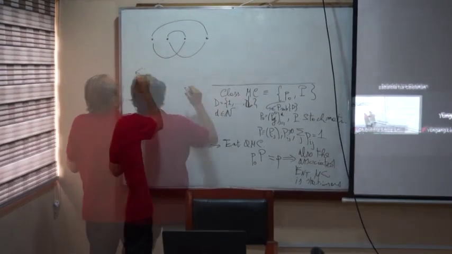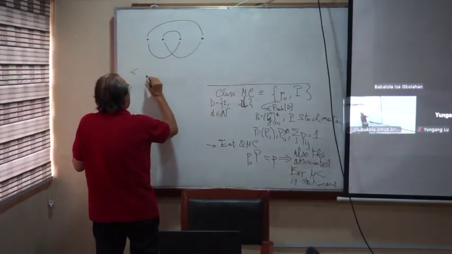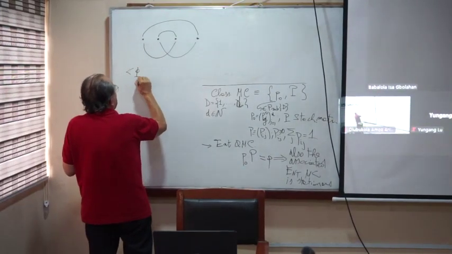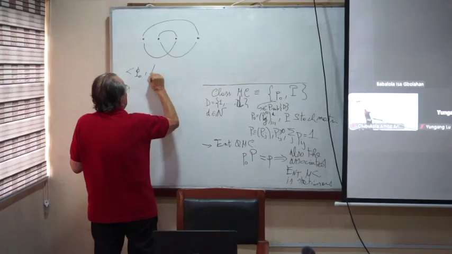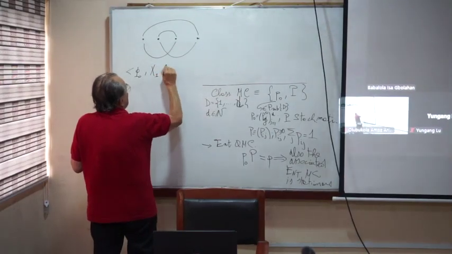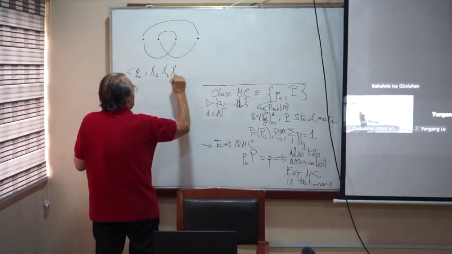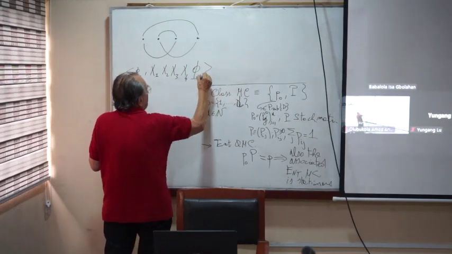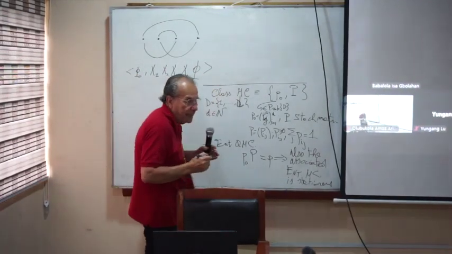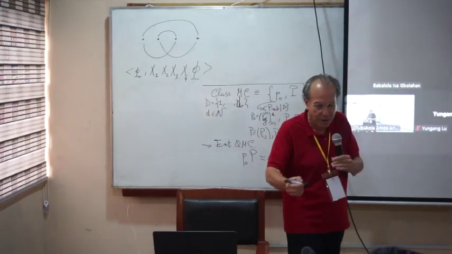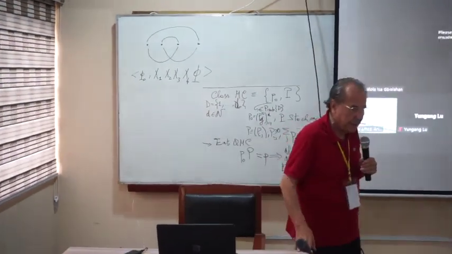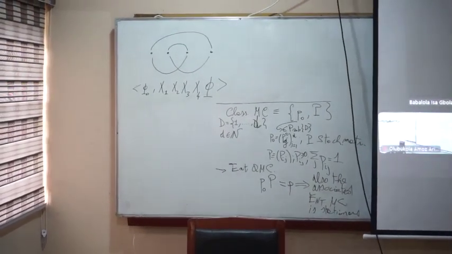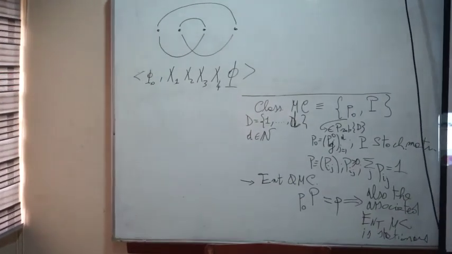This will correspond to an expectation of this form, for example, the vacuum expectation value of a product of 4 of the X's, which can be creator, annihilator, whatever. And the diagram corresponds to the pair partition.